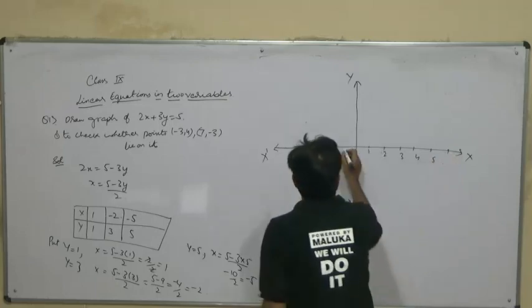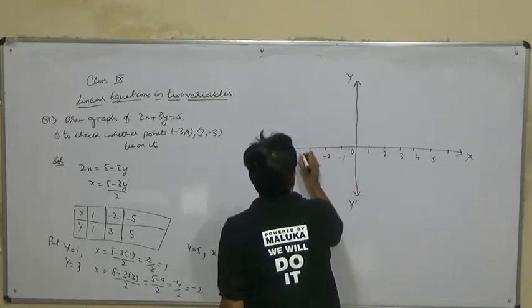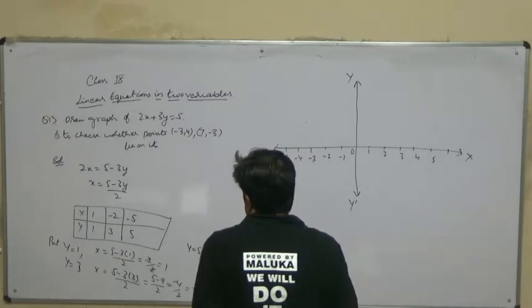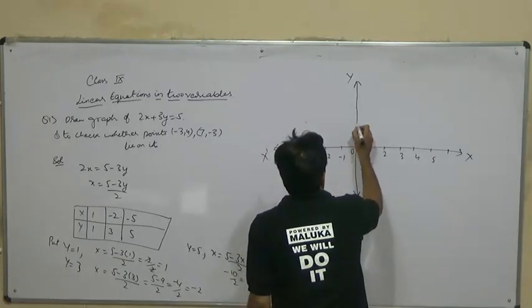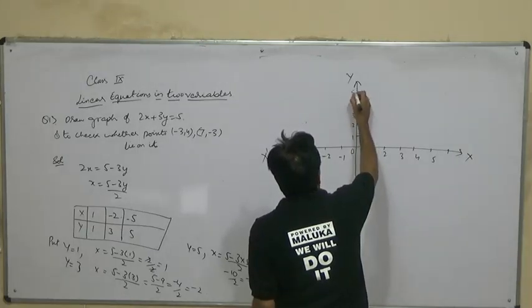Here it is minus 1, minus 2, minus 3, minus 4, minus 5. And on y, this is 1, 2, 3, 4 and 5.